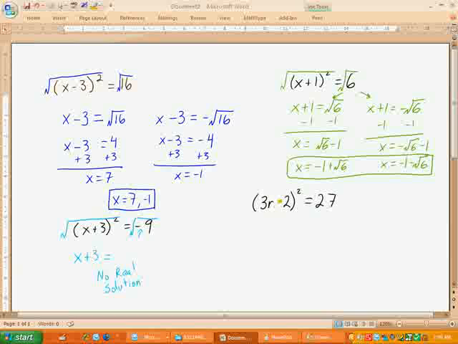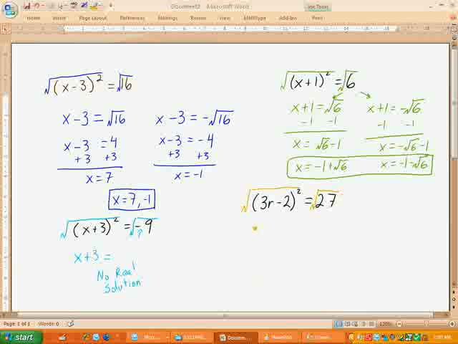In this case it is. If it's not by itself, you actually have to rearrange the equation so that it is. The squared term is this thing in parentheses, so I can go ahead and take the square root of both sides.